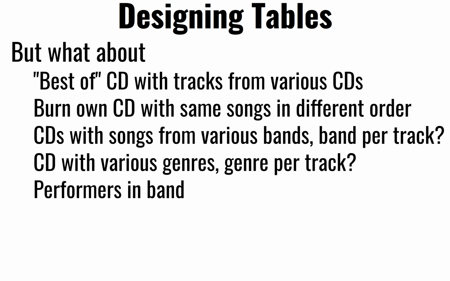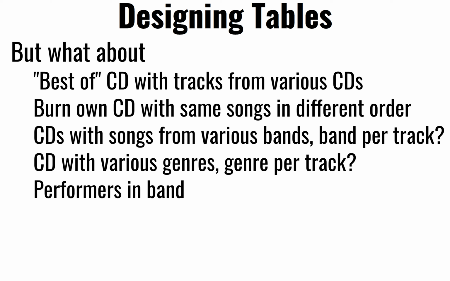So it's actually multiple records from different songs from multiple years, from different albums, released in different years, or something that I recorded myself. That might actually have multiple bands and multiple genres. It doesn't fit nicely into my schema.